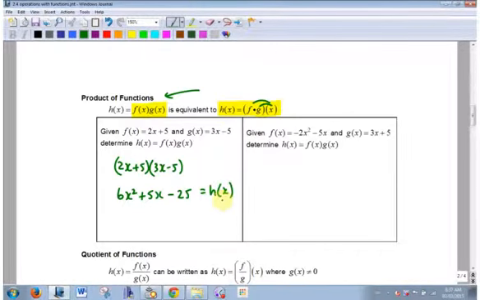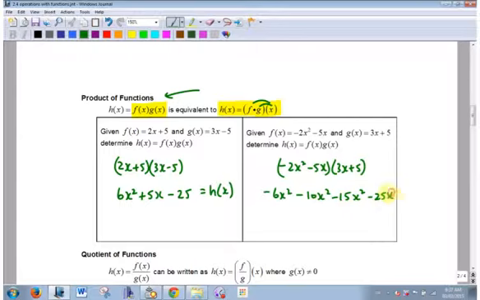Okay. Now minus 2x squared minus 5x times 3x plus 5. Negative 6x squared, let's write this one out, minus 10x squared minus 15x squared minus 25x.